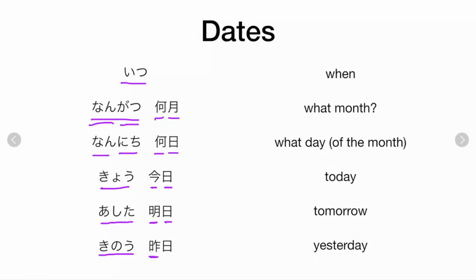So this one means previous, and this one means day. And together, kino means yesterday. Now you're noticing in these first ones you have nangatsu, nannichi, and these kind of make sense when you see this is nani and this is gatsu. But when it comes here, kyo, ashita, kino, there's no pattern. We'll talk about why that is and isn't when we start talking about kanji.